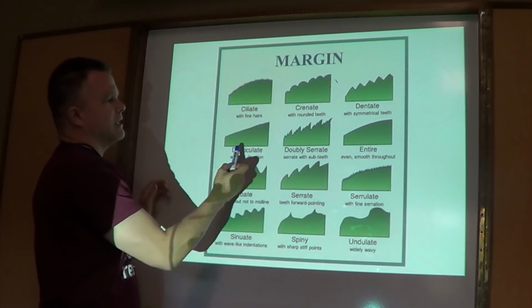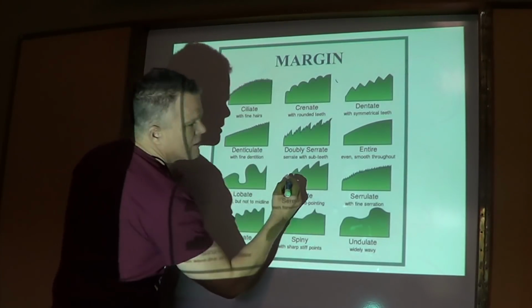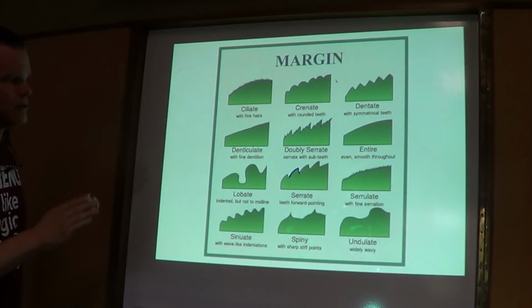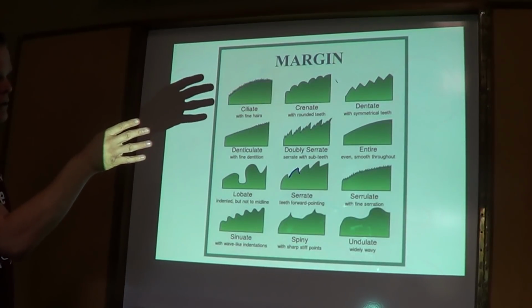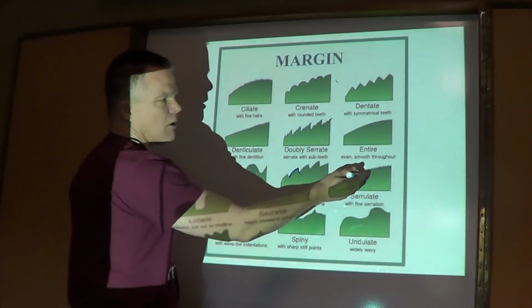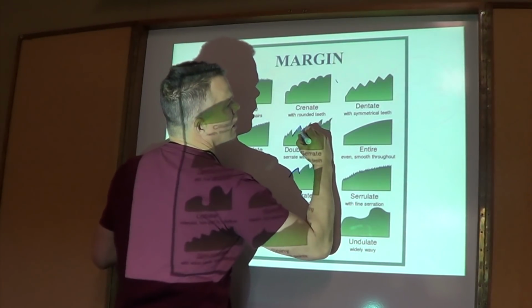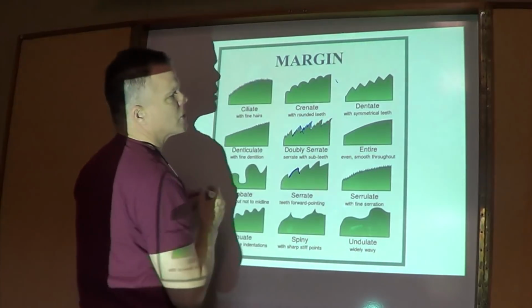If they're small teeth, it's denticulate. If one side is big and the other side is small, so they're asymmetrical, usually this makes them point forward. That's serrate, and small is serrulate, and here's doubly serrate. So on this thing, there are little jaggies going up this big jaggy.